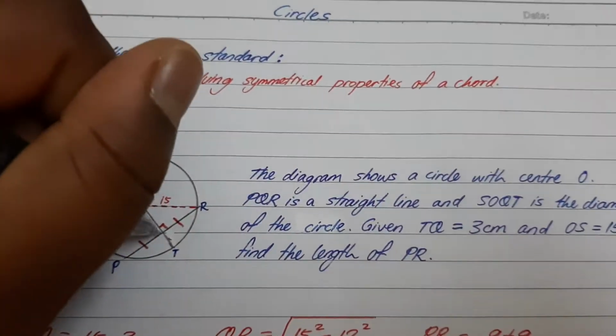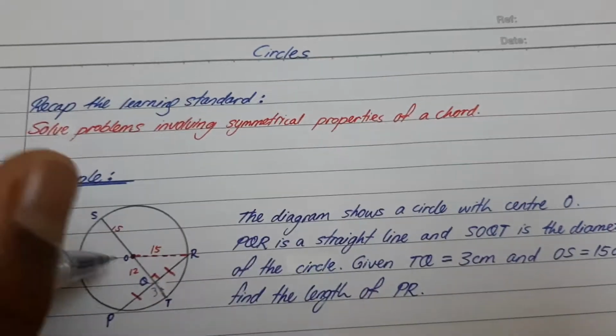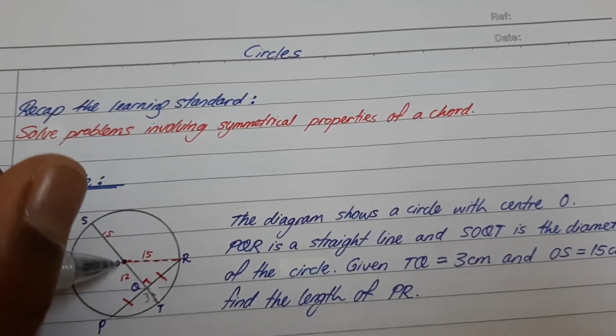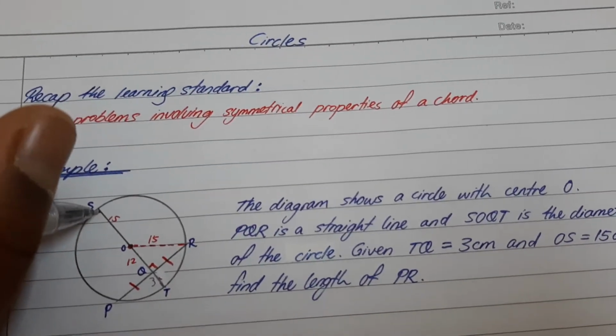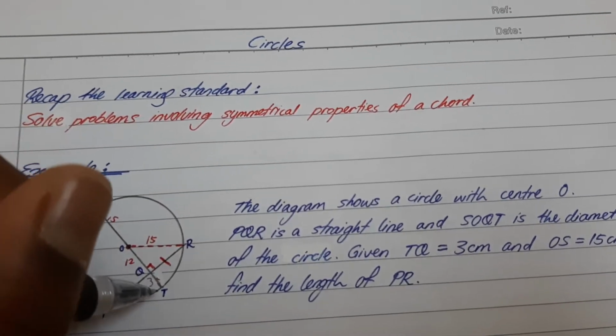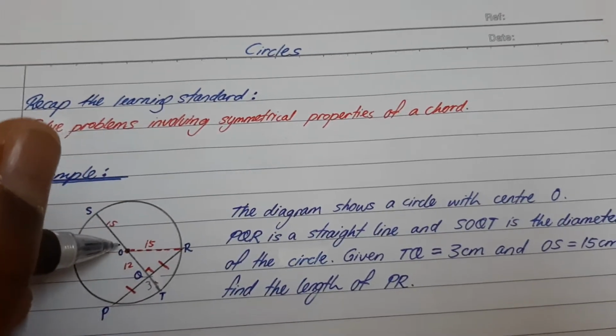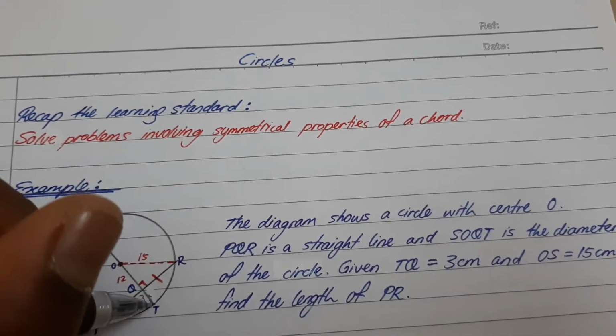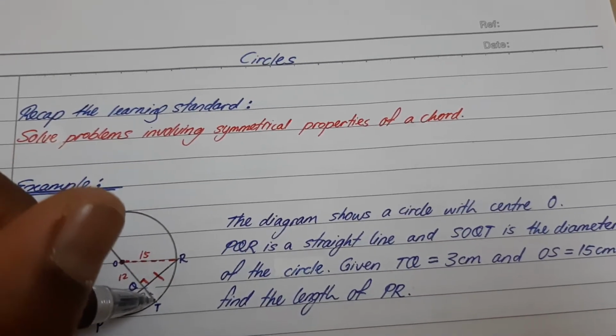OS is your radius, because from the center connecting to the circumference, OS is your radius. That means OT is also your radius because it's a straight line from center to the circumference.